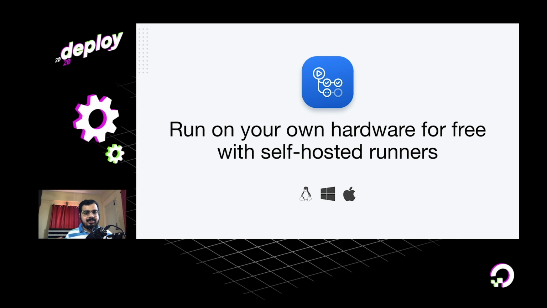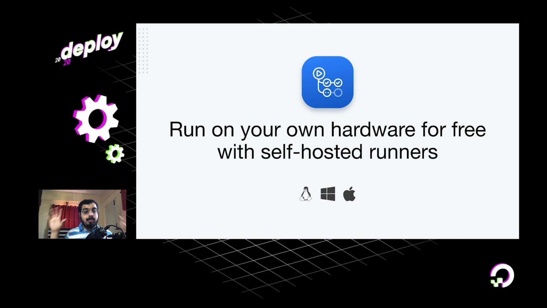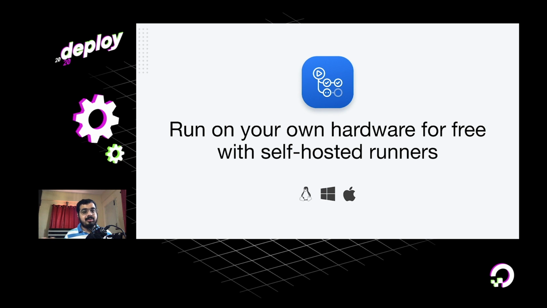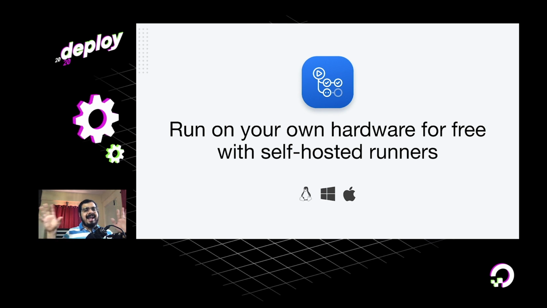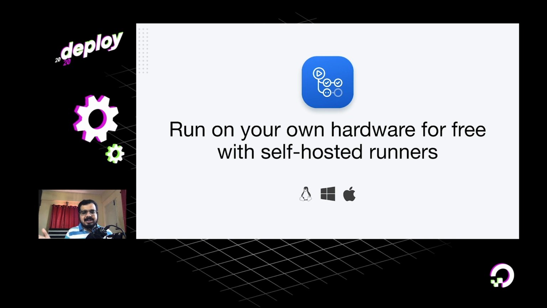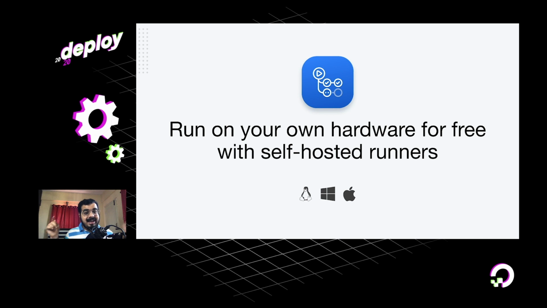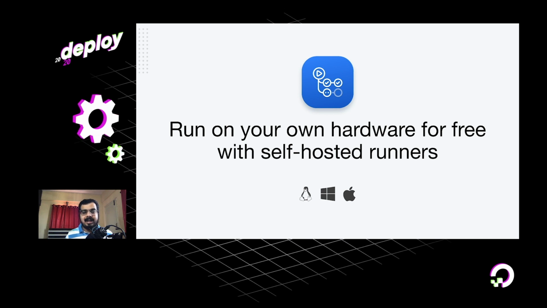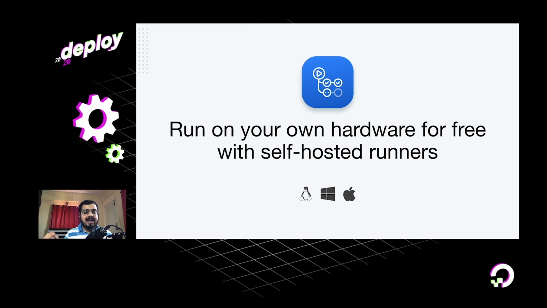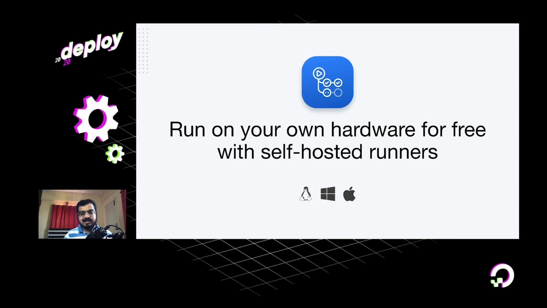And with self-hosted runners, you can choose to create a custom hardware configuration with more processing power or memory to run larger jobs, install software available on your local network, and choose an operating system that's not currently offered by GitHub hosted runners. And this is where DigitalOcean can come in as well. You can have a self-hosted runner on a DigitalOcean Droplet or even on DigitalOcean Kubernetes.